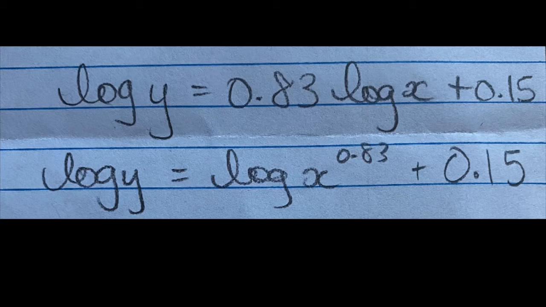Using your log laws, make 0.83, which is the slope, a power of x, since it is being multiplied by log x. So we have log y equals log x to the power of 0.83 plus 0.15.